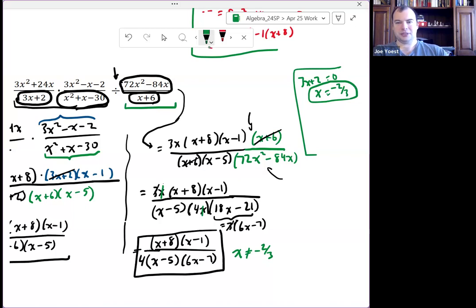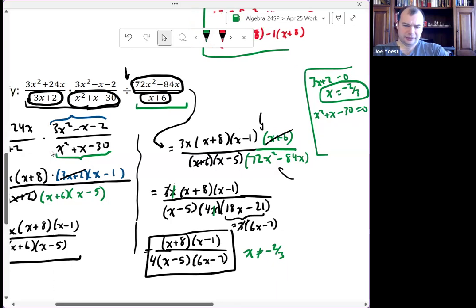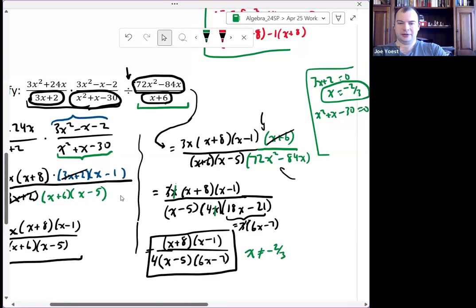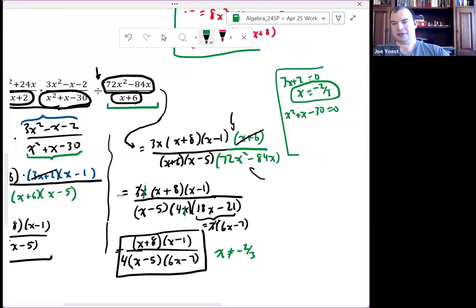When is x squared plus x minus 30 equals 0? Again, let me look back at my work that I did before. I know that this factors into x plus 6, x minus 5. That's 0 when x is negative 6 or positive 5.